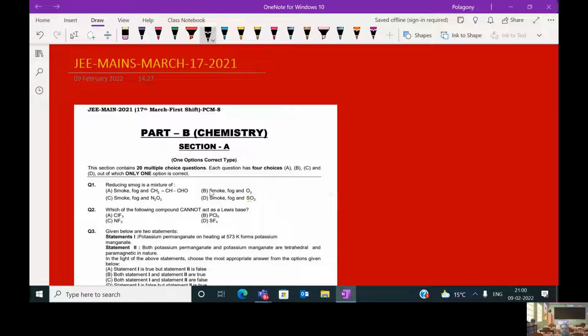Reducing smog is a mixture of smoke, fog, CH2=CH-CHO, smoke, fog, and ozone, smoke, fog, N2O3, and smoke, fog, SO2. So here, if you look at the options, the D option is smoke, fog, and SO2.